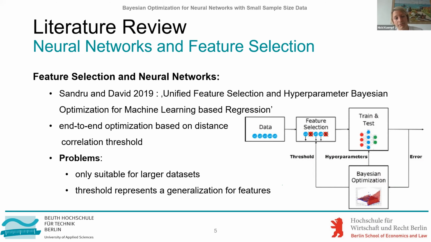And also, the threshold represents a generalization for features in a way that we only look at the individual distance correlation of a feature to the target, but we don't know what happens if we interact, let's say, a feature A and B that are individually highly correlated with the target. We don't know what happens if we put both of them in the MLP and let them interact. So this is not clear in this approach.